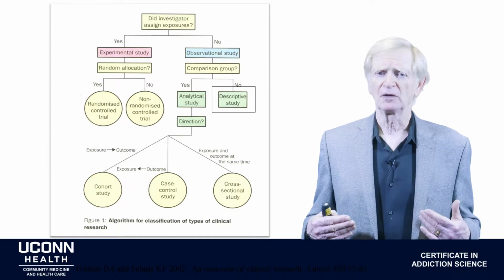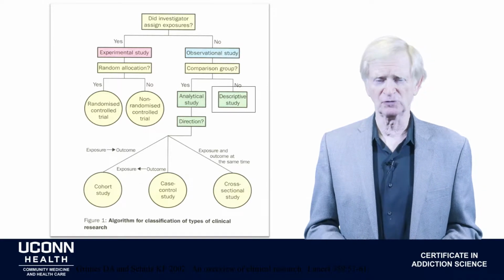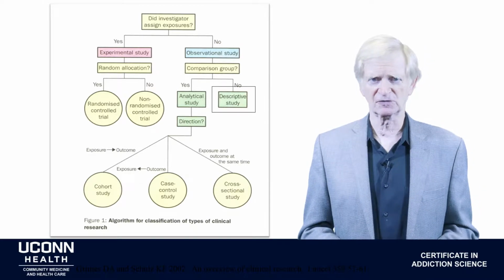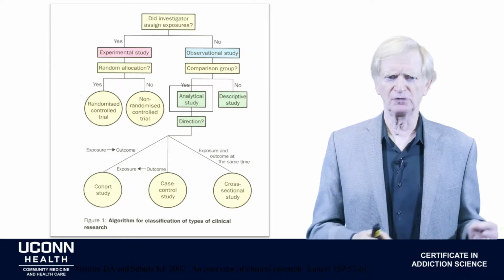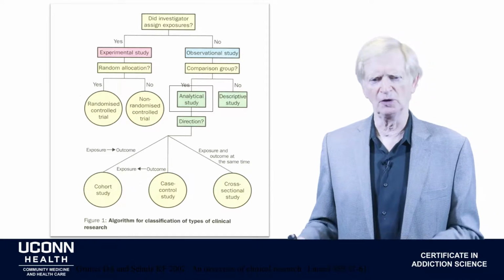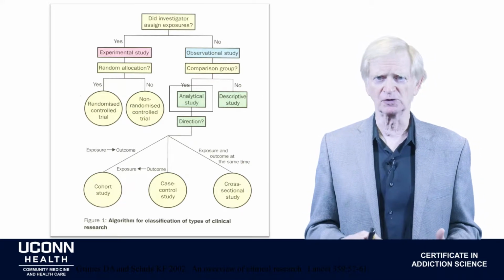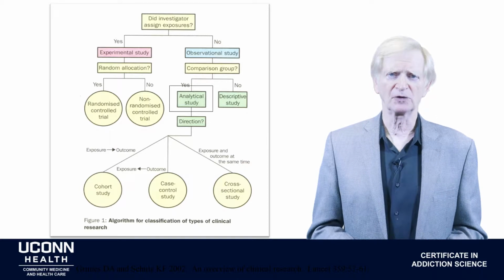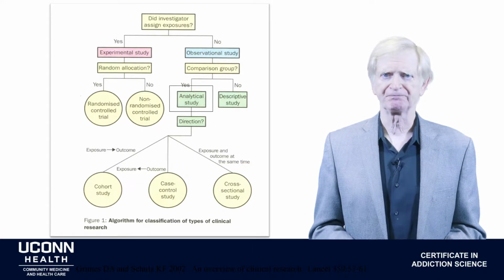So the type of observational research design that we'll now talk about is analytic studies. These are studies where people are exposed to an intervention or no intervention, or to one intervention and a comparison intervention, and they are tracked over time in terms of their outcomes.